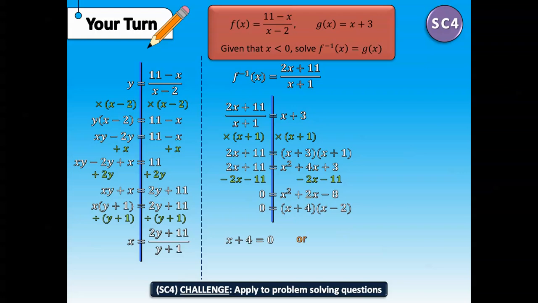So x plus 4 must equal 0, or x minus 2 equals 0. That means x equals minus 4, or x equals 2. And we're told in the question that given that x is less than 0, that means x must just equal minus 4.